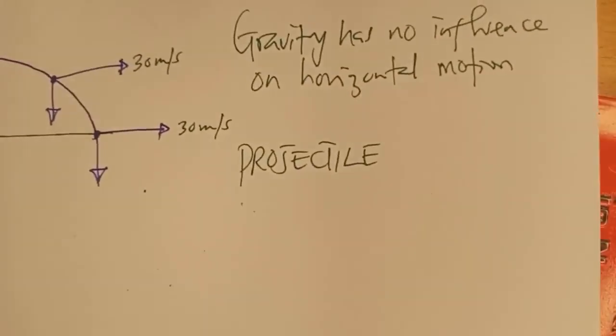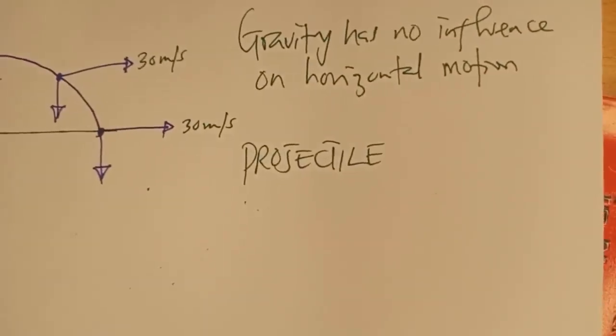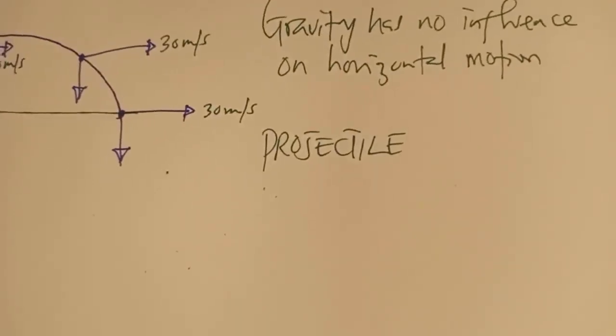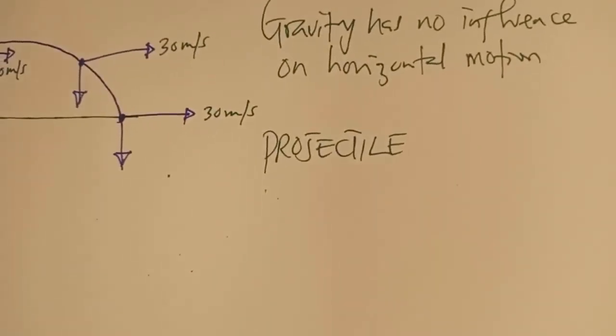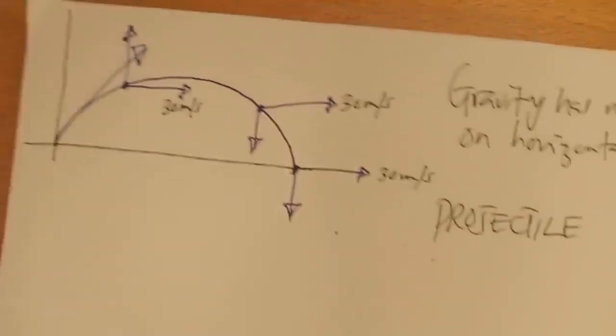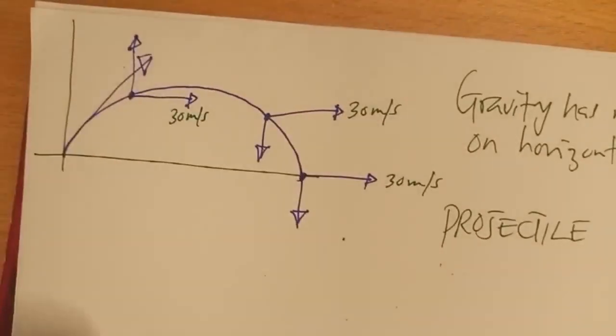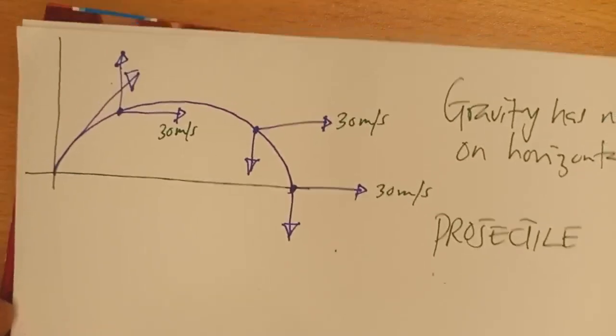We call that object a projectile. If you launch a stone into the air and it moves under the influence of gravity, then that stone is a projectile. If it is a bullet, a bomb or any other thing, then it is a projectile.